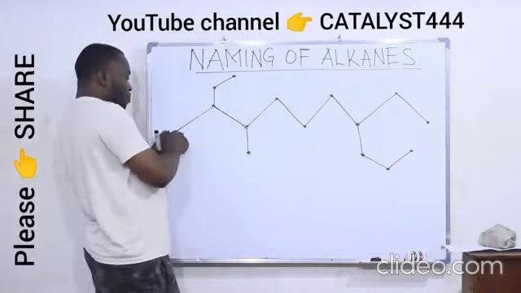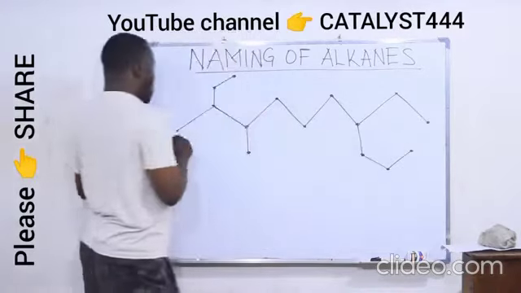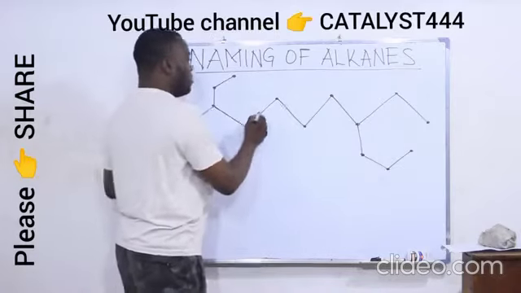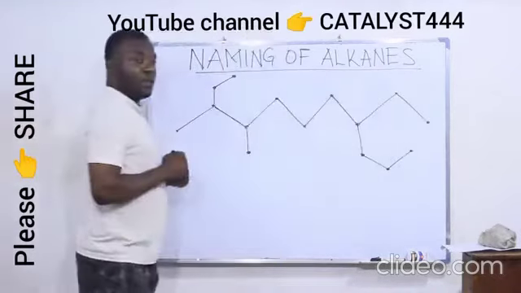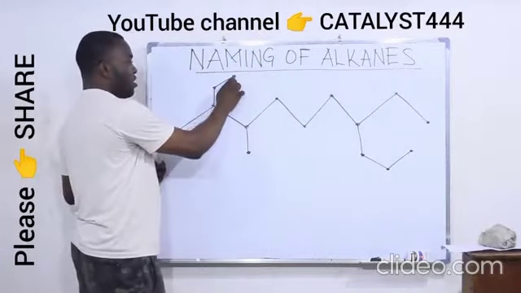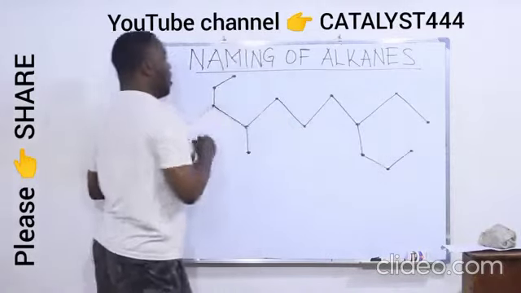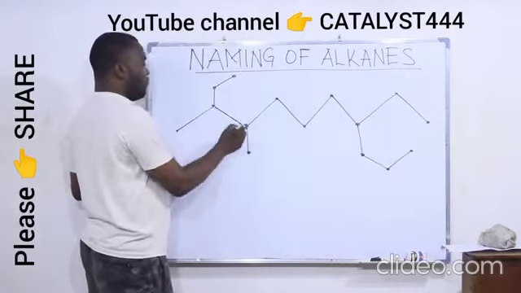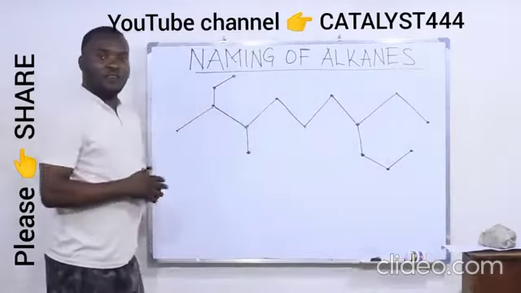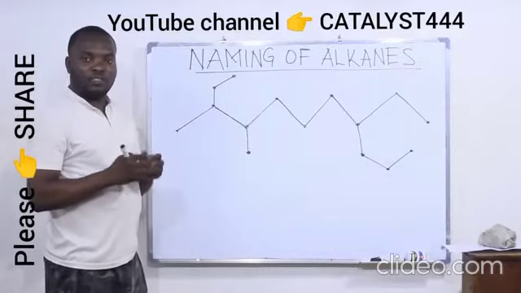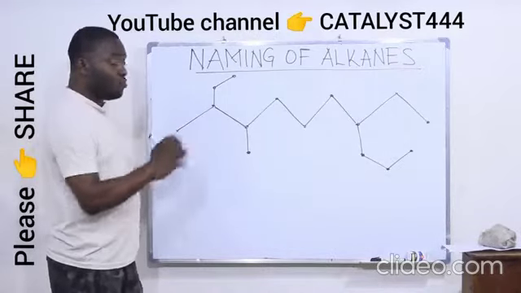Watch, if I count from here to here, I will have 1, 2, 3, 4, 5, 6, 7, 8, 9. If I count from here to this end, I will have 1, 2, 3, 4, 5, 6, 7, 8, 9, 10. Let me check if I have any other direction that is longer than 10. For now, my maximum is 10.